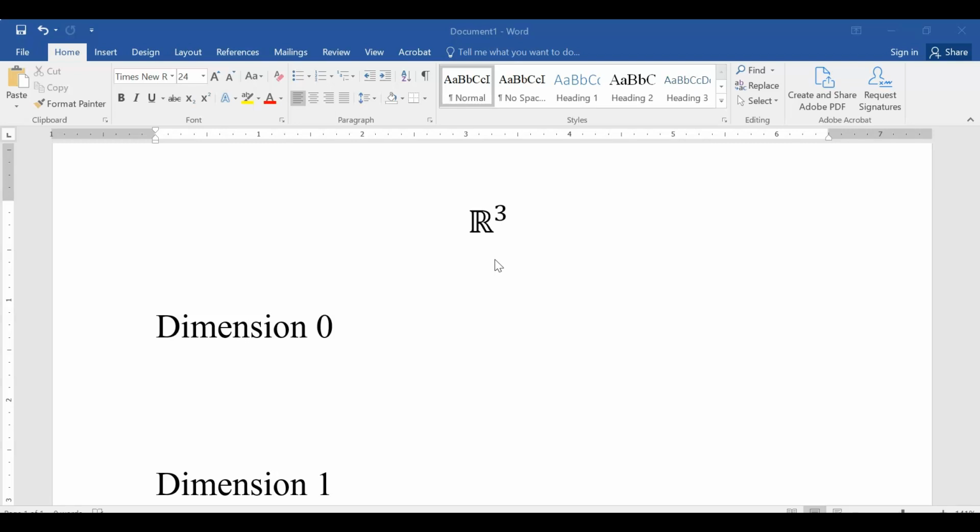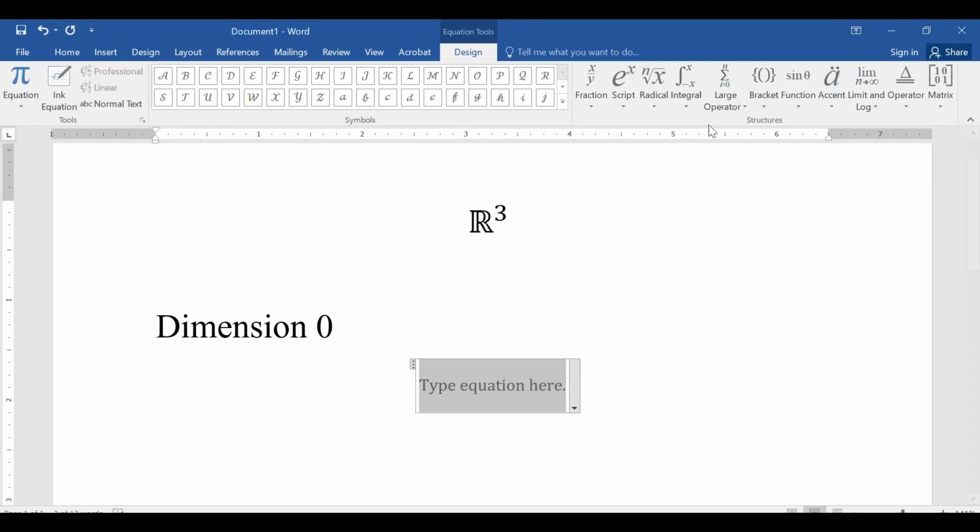R3 is the big vector space I'm dealing with. Now, when I'm trying to create a subspace with dimension 0, I should think bases. So what basis can I create that has dimension 0?